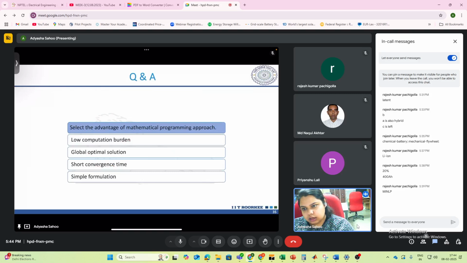Next is select the advantage of mathematical programming approach. Low computation burden, global optimal, short convergence, simple formulation.